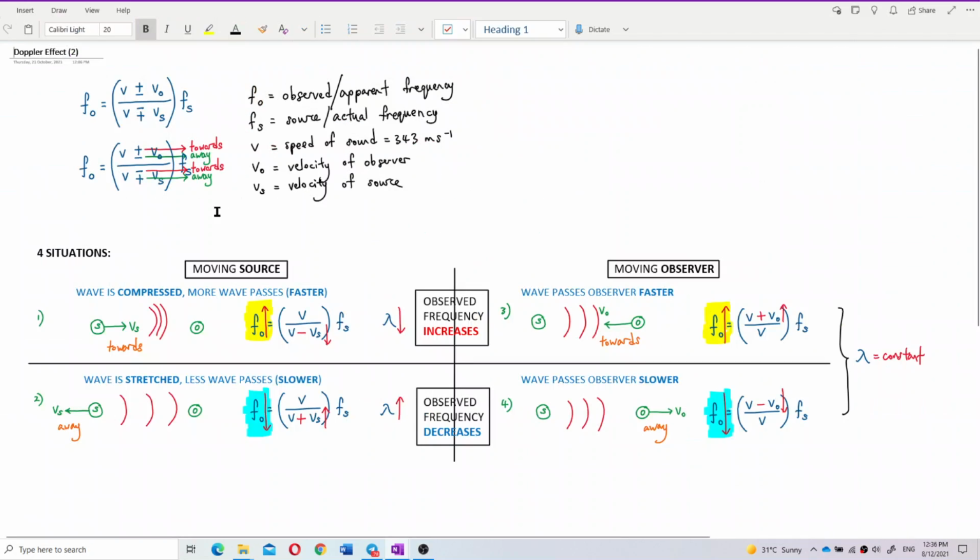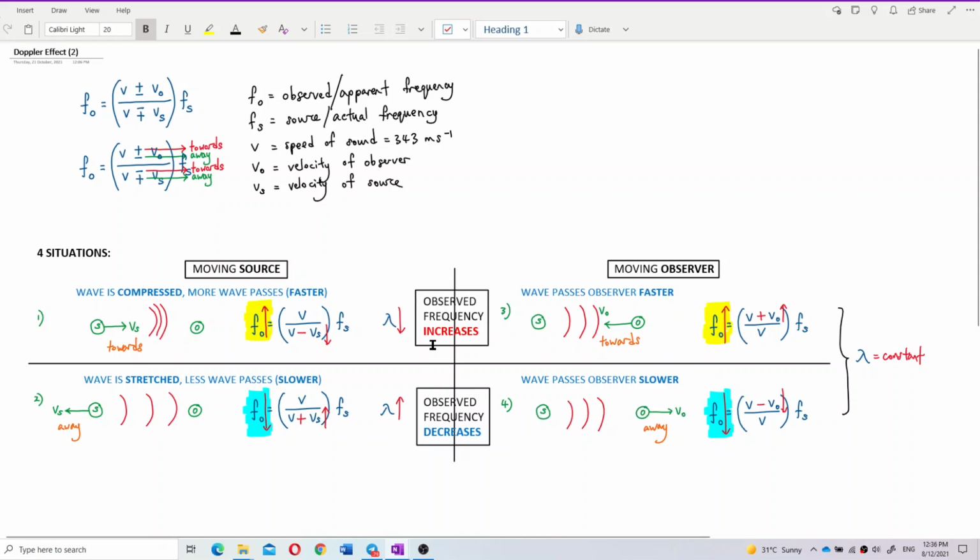This is about the Doppler effect. Remember, no matter if it is about the moving source or the moving observer, as long as they approach each other, whether the source approaches the observer or the observer approaches the source, the observed frequency always increases.